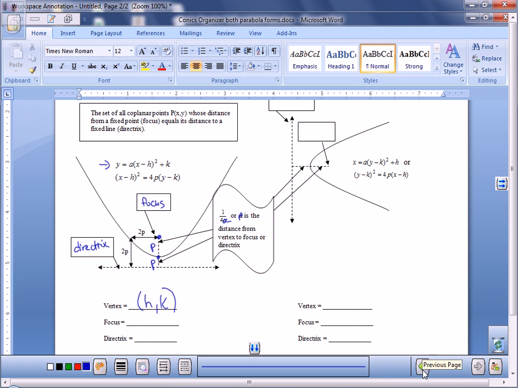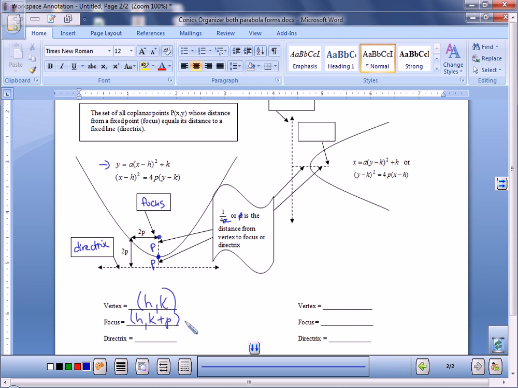Okay, so back to the focus and directrix. Since this is part of our definition, the focus is P units up above the vertex, so we would have to add P in a vertical direction. So our focus would be the point (h, k plus p).